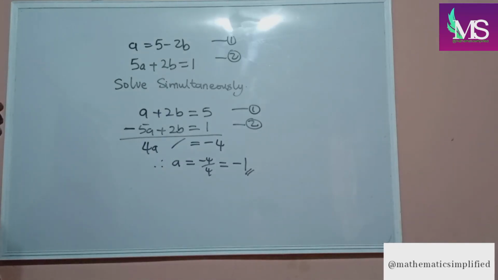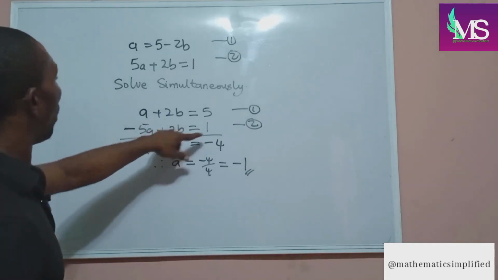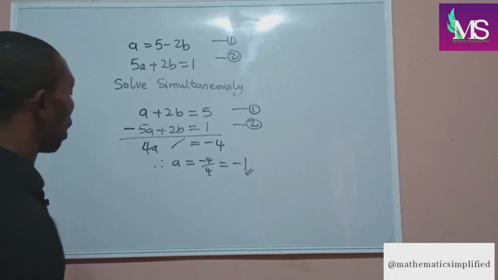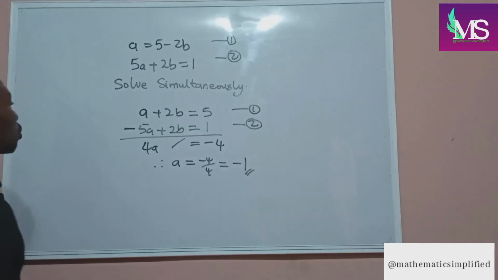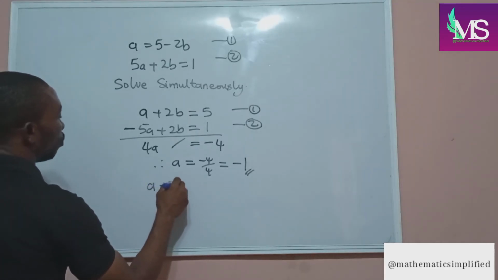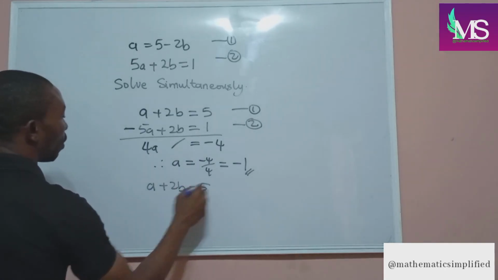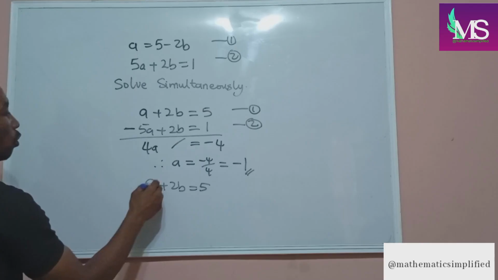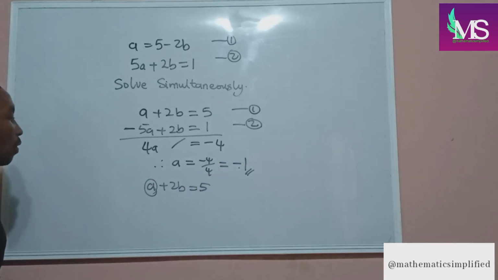Now substituting minus 1 into any of these equations, let's use equation 1, which gives us a plus 2b equals 5. For a, we replace with minus 1.